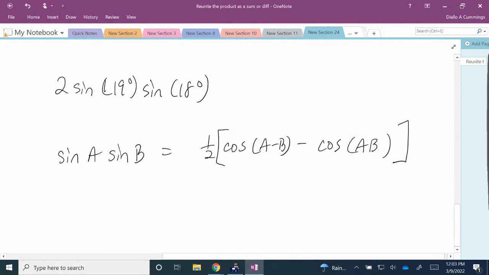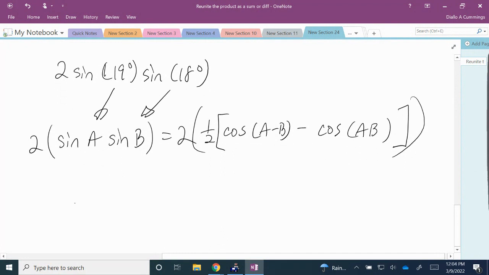All right, so in our problem, we could substitute A for 19, we could substitute B for 18, but notice our coefficient is 1. So in order to make the problem match the formula exactly, I'm going to multiply both sides of the formula or this equation by 2.